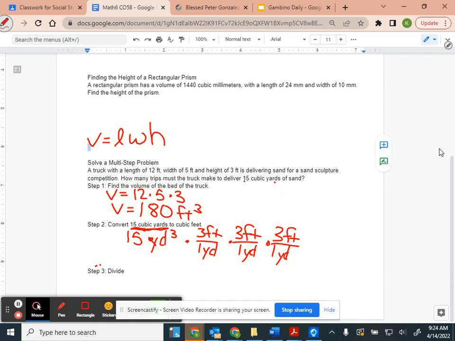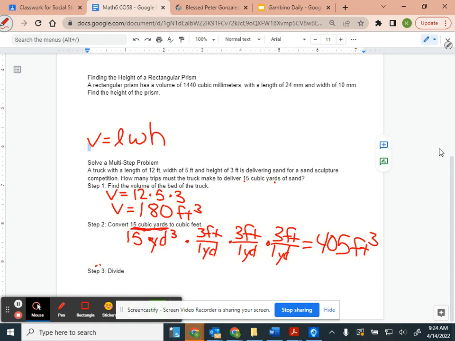Because it's yards cubed, you have to multiply it by 3 three times. So 3 times 3 times 3 times 15, which gives me what? 405 feet cubed. That makes a whole lot more sense.